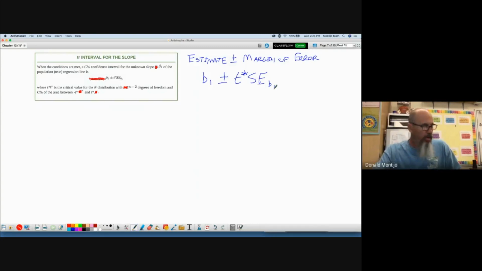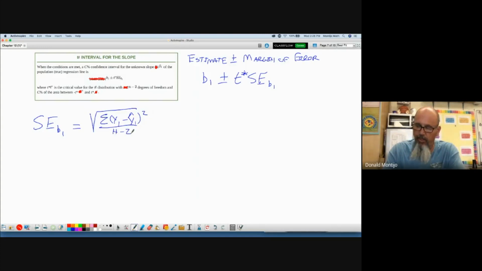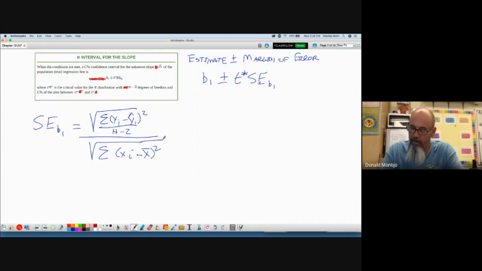So the standard error of the slope has this crazy looking formula. The standard error of the slope is equal to the square root of the summation of y sub i minus y hat sub i squared over n minus 2, divided by the square root of the summation of x sub i minus x bar squared. So you take each individual y and you subtract its prediction.